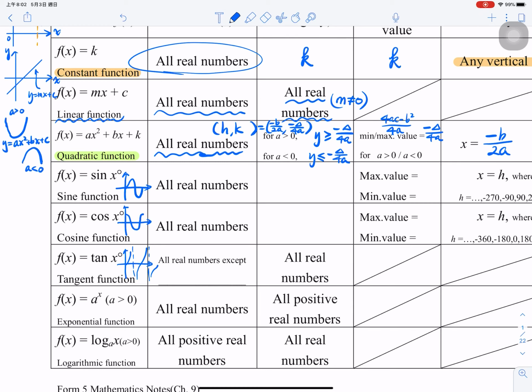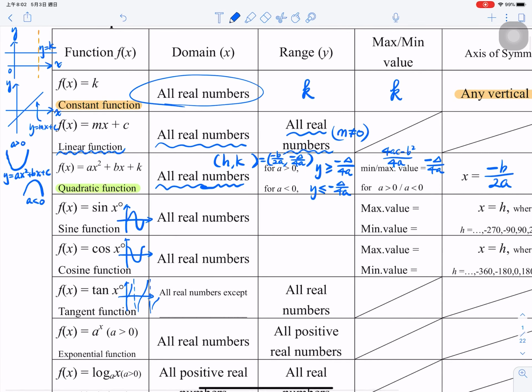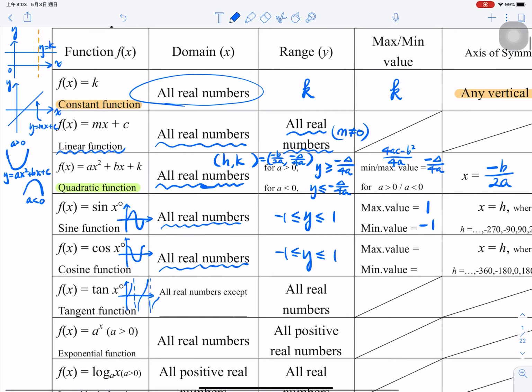For sine and cosine, the domain of these two functions is again all real numbers. We can find the value of y whichever value of x. So what is the range? These two have a range of y between -1 and 1, also for cosine. Therefore the maximum and minimum values are 1 and -1.